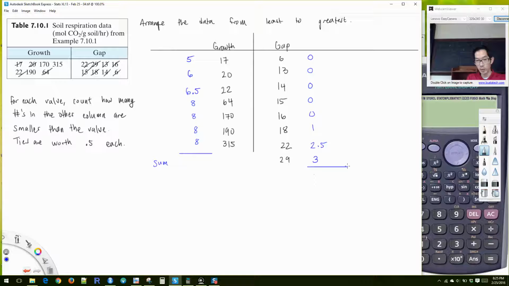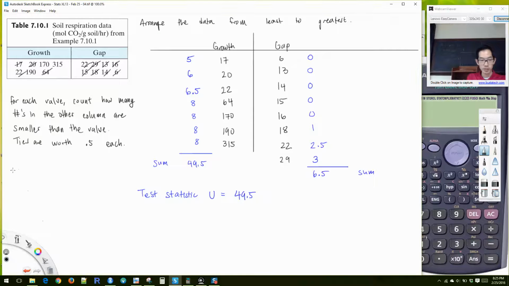Once you do that, you sum these columns. Here we have 6.5, and over here we have 49.5 if you add them up. Then the larger value is your test statistic. So the larger of these 2 values will be our test statistic, which we have labeled U for this test for whatever reason, and it is going to be 49.5.